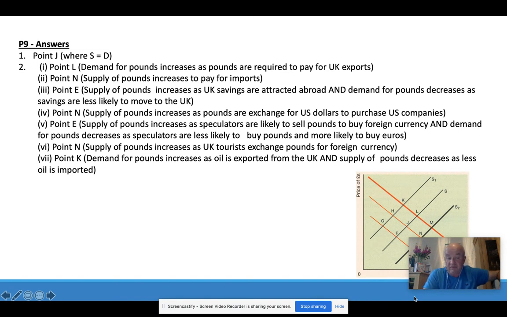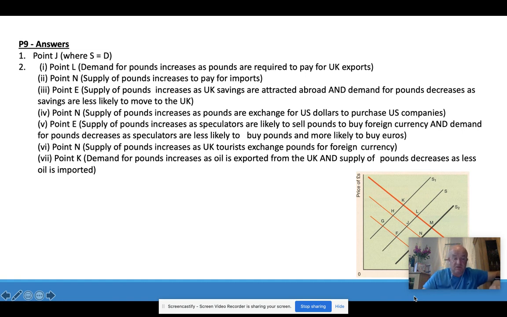Demand for pounds is going to increase as more oil is exported from the UK, so more people are going to want to buy oil from us. That's going to mean they're going to have to convert their currency into pounds in order to buy. But also, if we get a huge new oil field, we're also going to have less oil imported. So that's going to effectively mean the supply of pounds is going to decrease as less oil is imported.